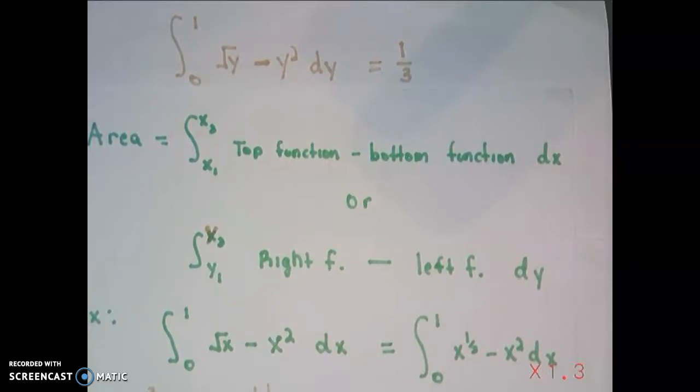The only thing that was different, we just changed the x and the y. That's not going to happen all the time. We just got lucky in this case. So that's how to find the area between two curves, and I showed you both ways, whether you're doing vertical distances or horizontal distances.